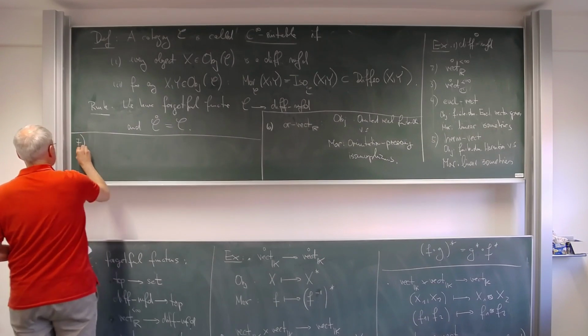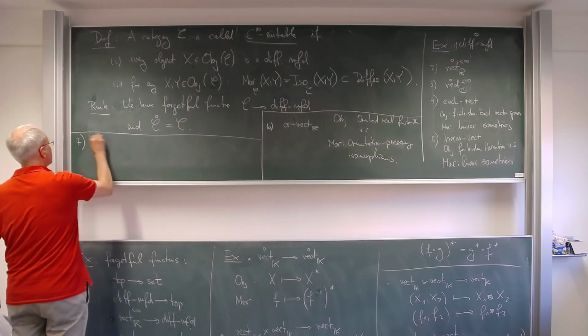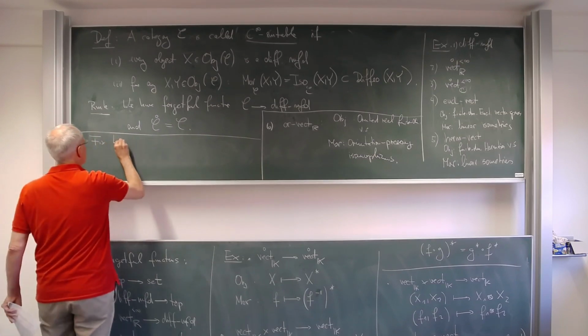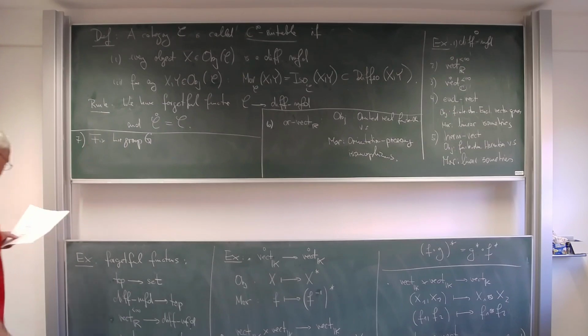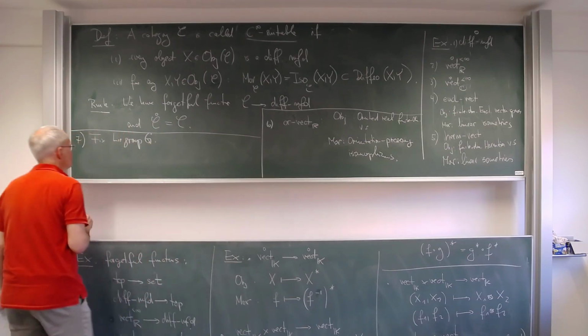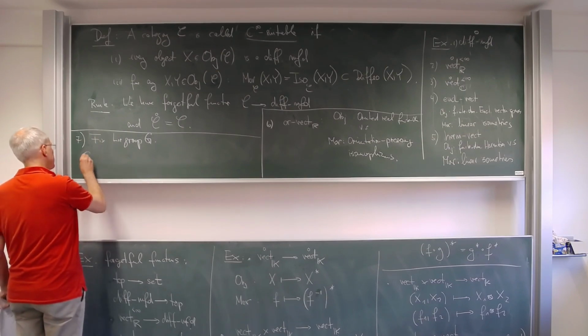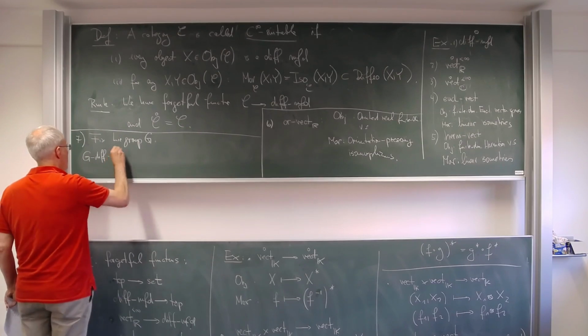Example 7. Namely, you fix a Lie group G, and now I can consider the category of G manifolds.